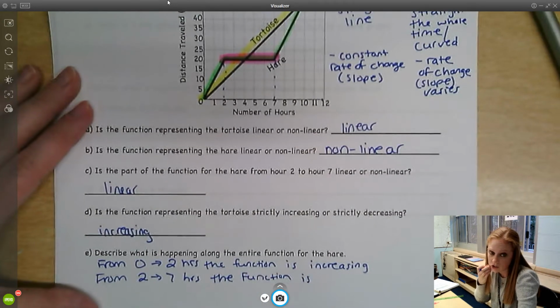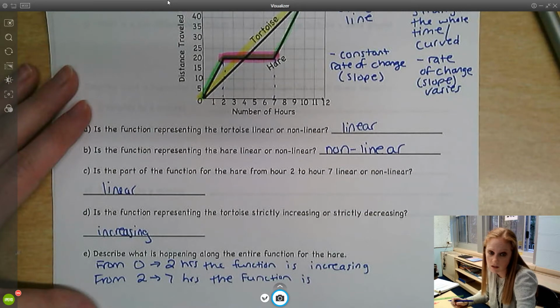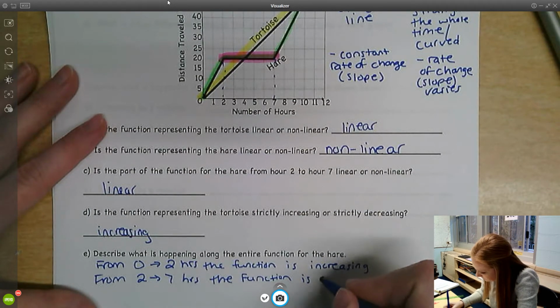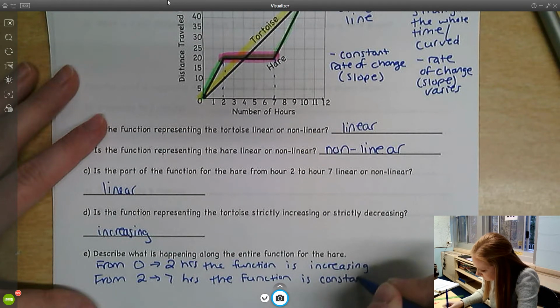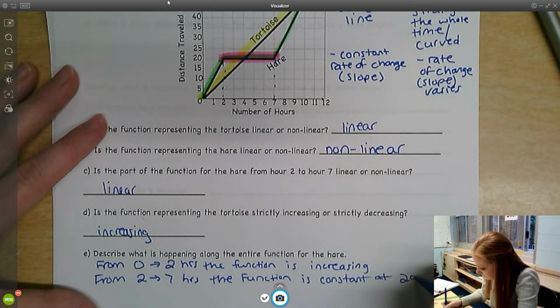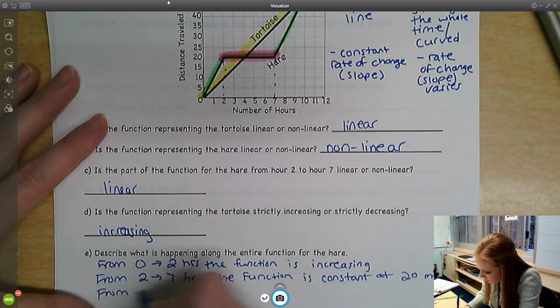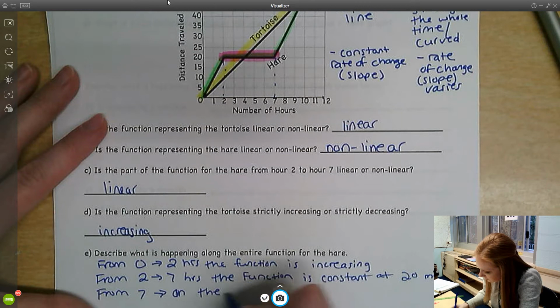It's at just a constant at 20 miles. And from, let's see, 7 on, the function is increasing again.